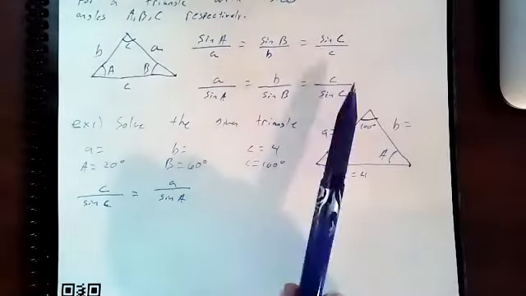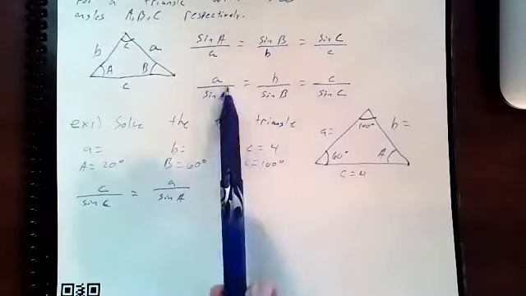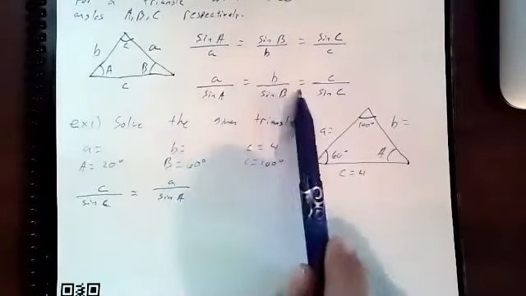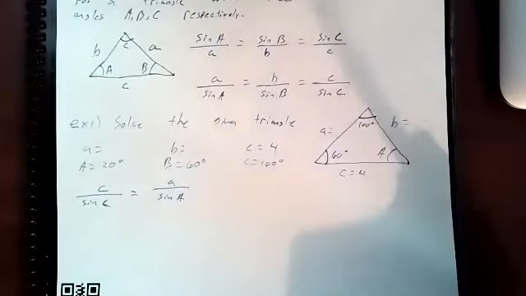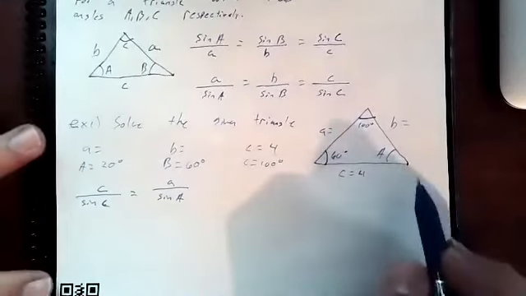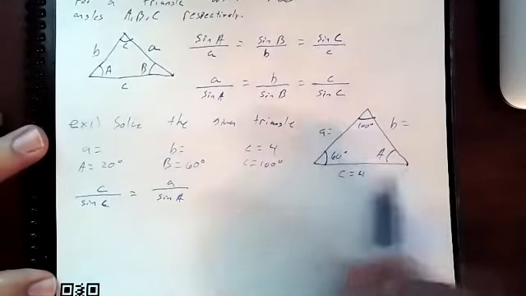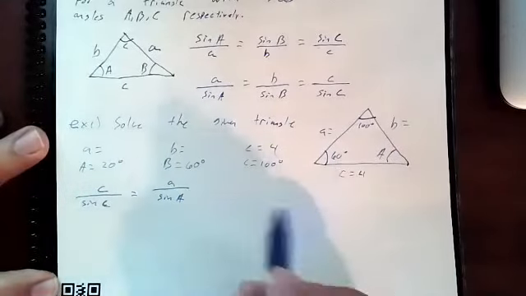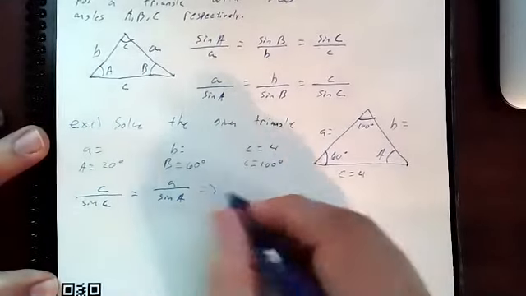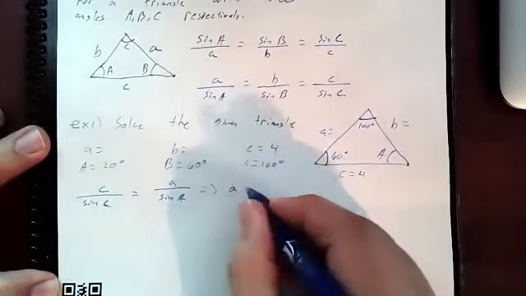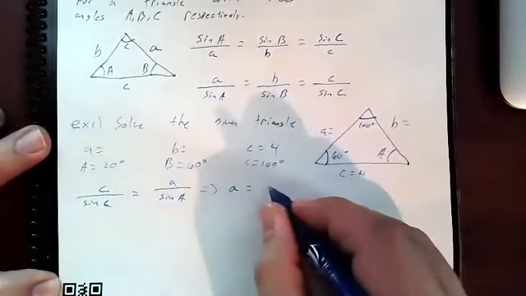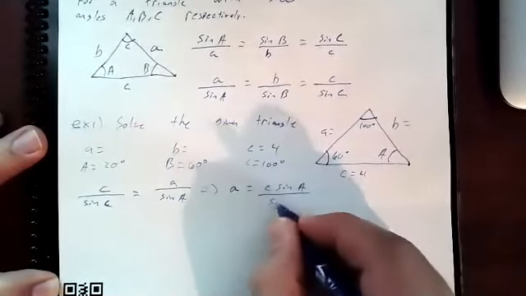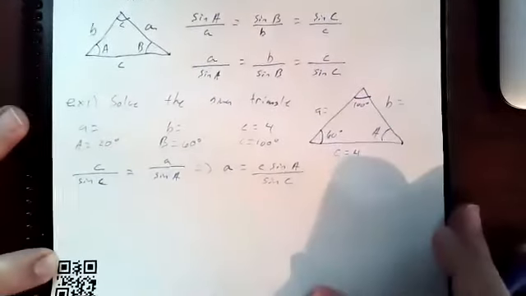I set the last one equal to the first one. Since they're all equal, we can set any of them equal to each other. Now find the missing side. I want to find a. So I'm going to multiply by sine A over here, so that would imply that a is equal to c sine A over sine C. Do you see the algebra that was done to get there?